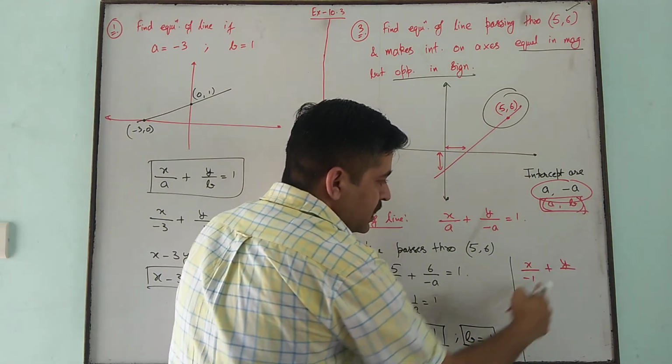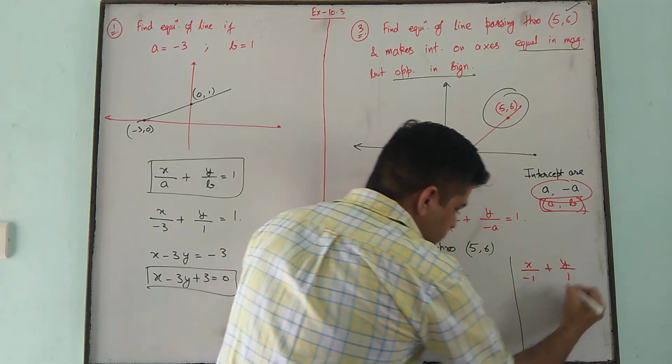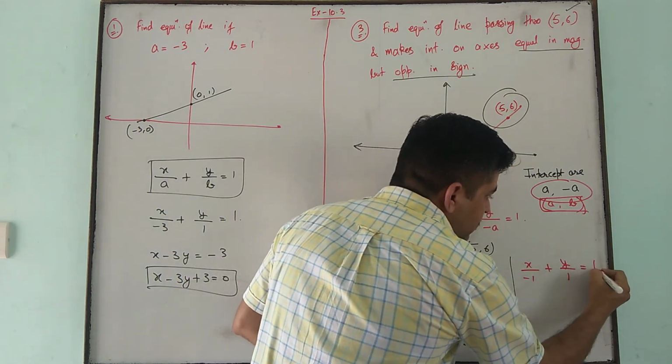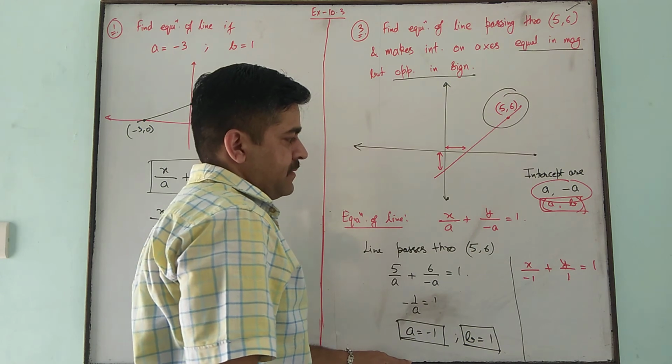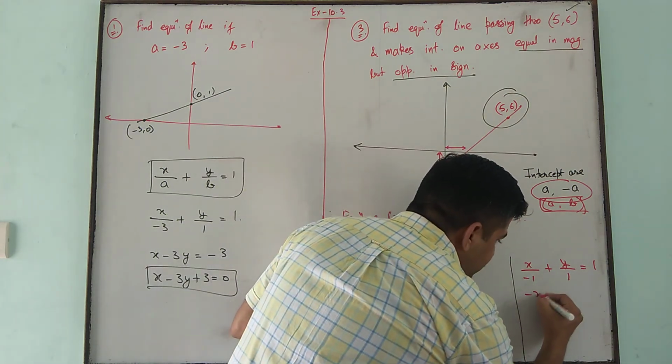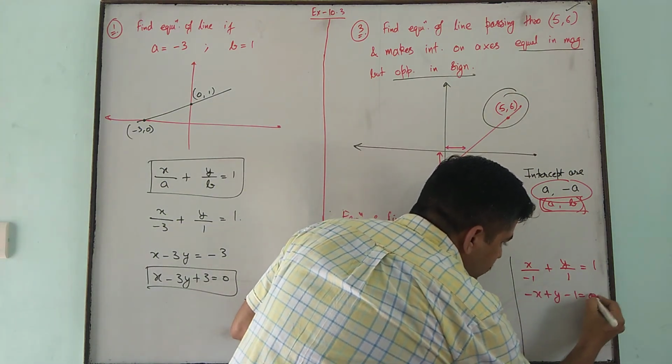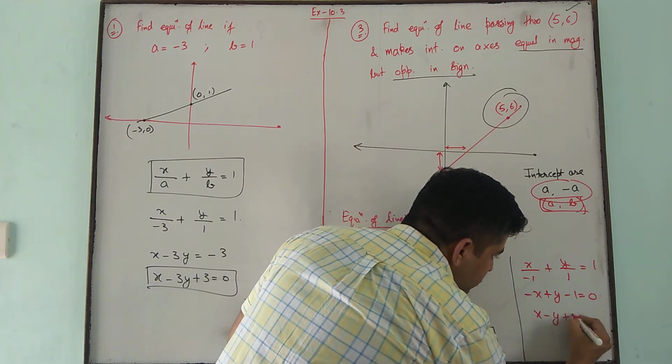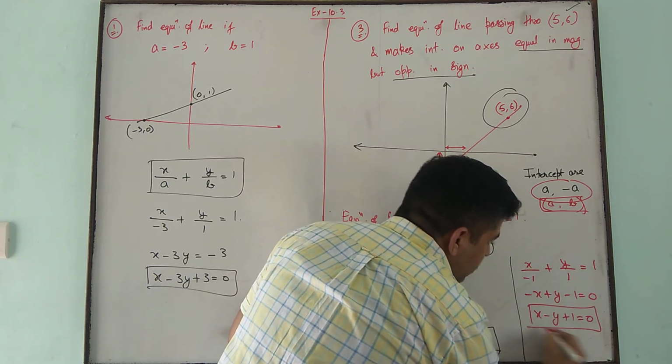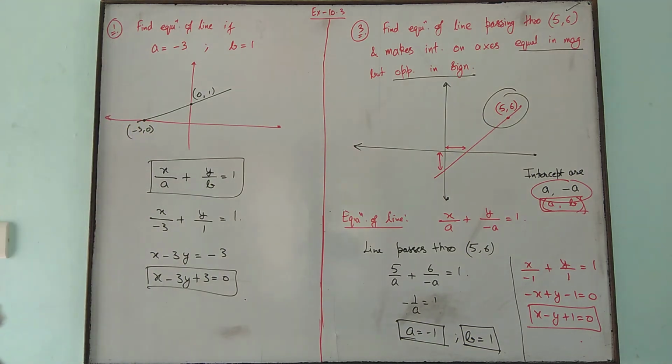So a and minus a. So we get minus x plus y minus 1 is equal to 0. X minus y plus 1 is equal to 0 is your required equation. Just write it down.